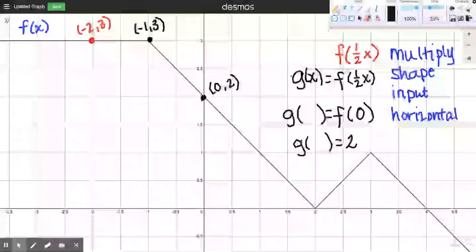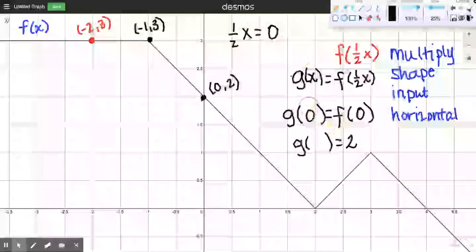Well, since anything times 0 is 0, if 1/2 x equals 0, x must have been 0. So we know that g of 0 is also 2. So whenever you have a horizontal stretch or compression, the y-intercept actually stays the same. So that point will also be on our graph.